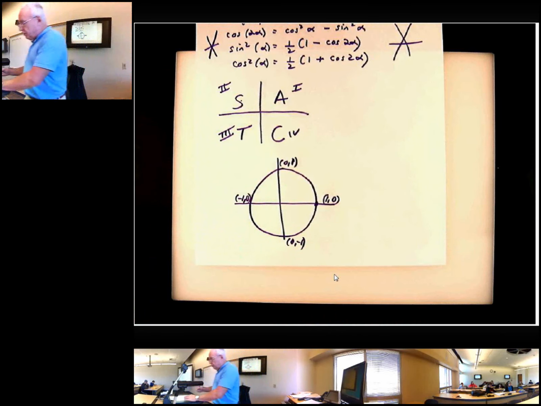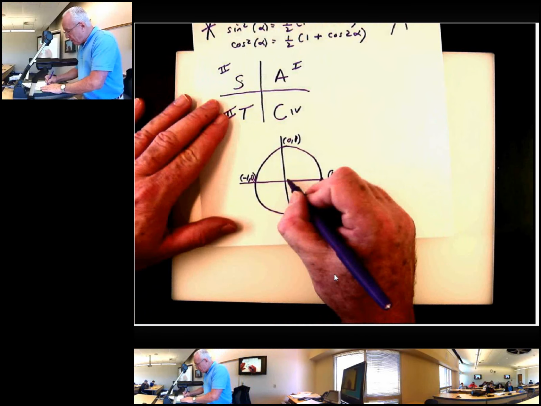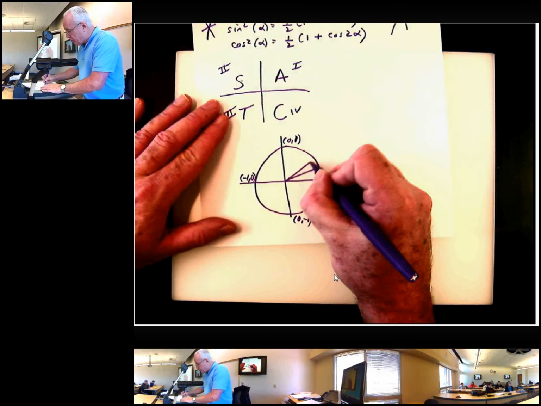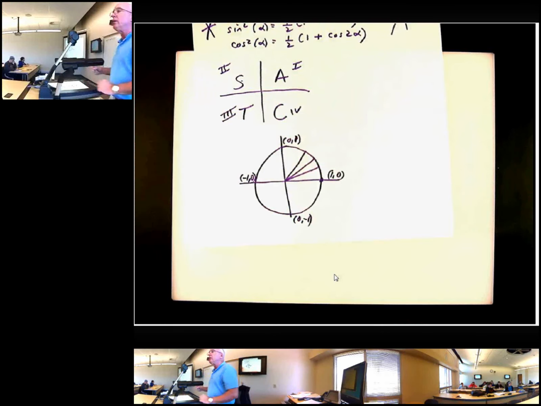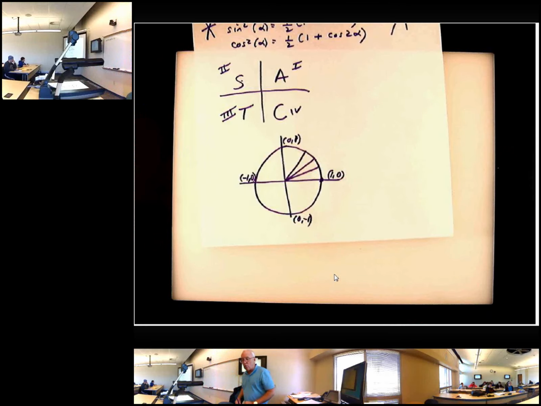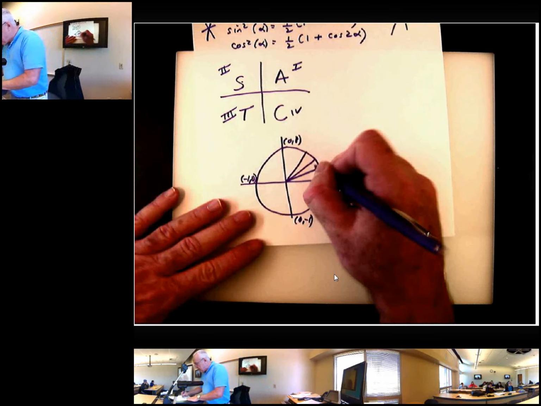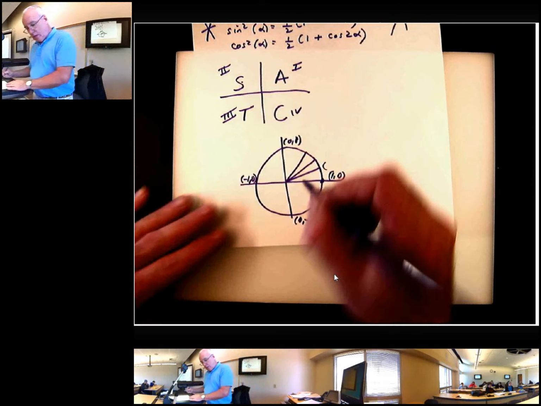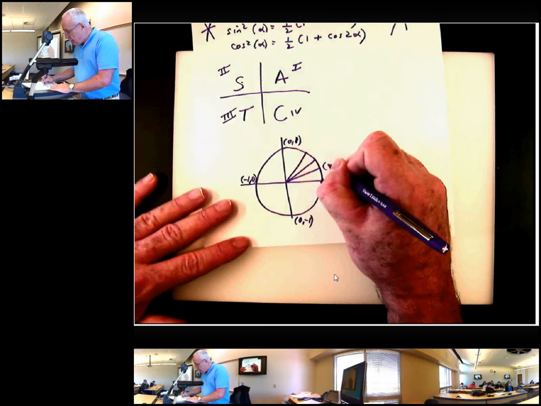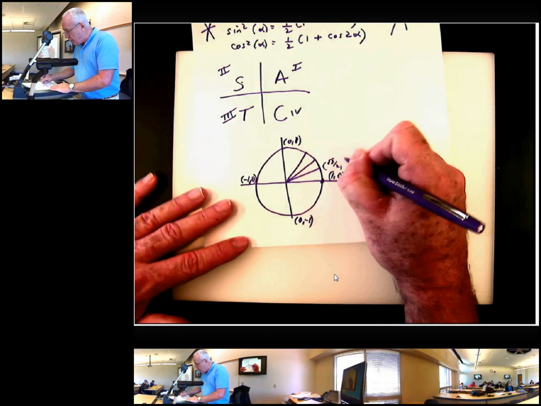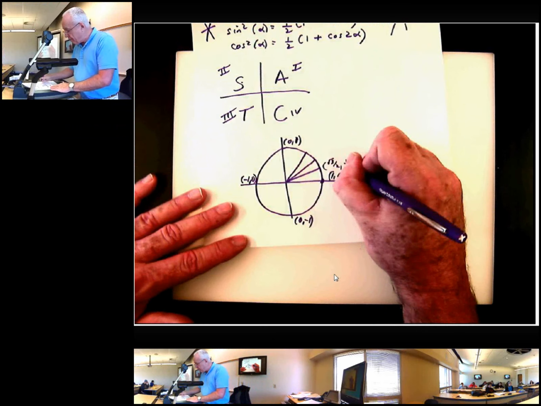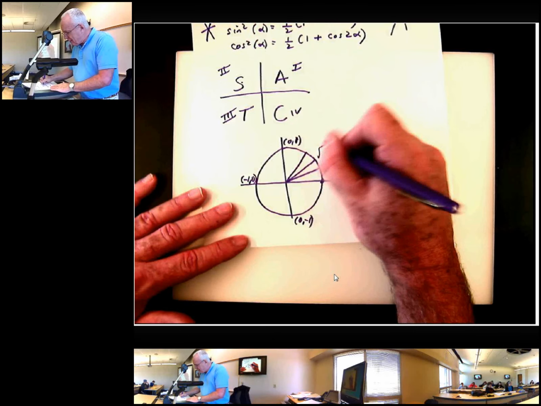But here, for the unit circle, we've got a 30-degree angle, a 45-degree angle, and a 60-degree angle in that first quadrant. And so the coordinates are going to be your cosine and your sine. So we know that this one starts out as square root of 3 over 2, and then 1/2.